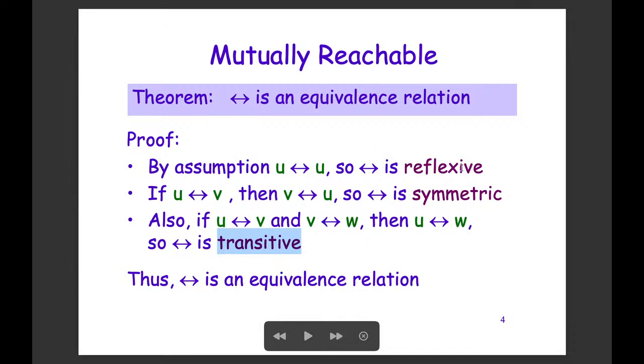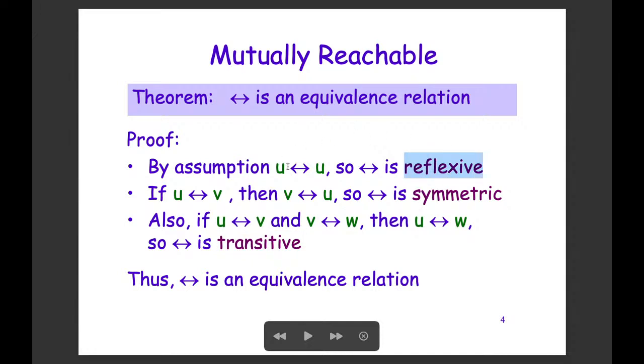Reflexive means that any vertex U is related to itself by this relation. So if U is always reachable to U, then it satisfies the reflexive property, and this is the case for us.